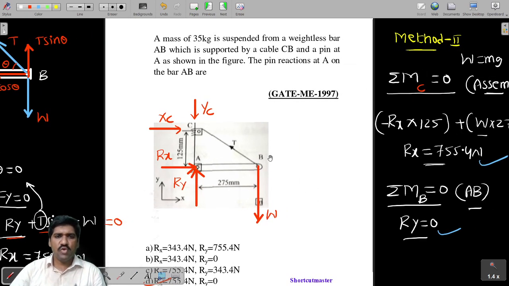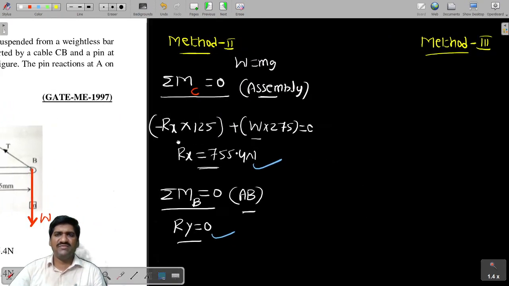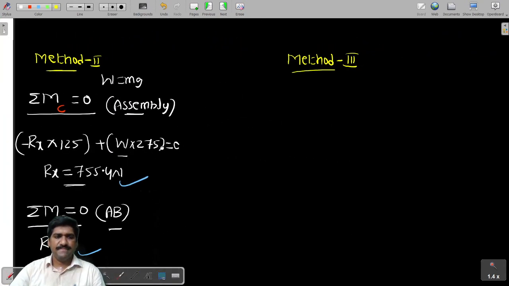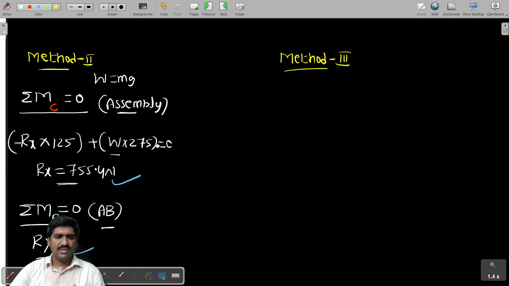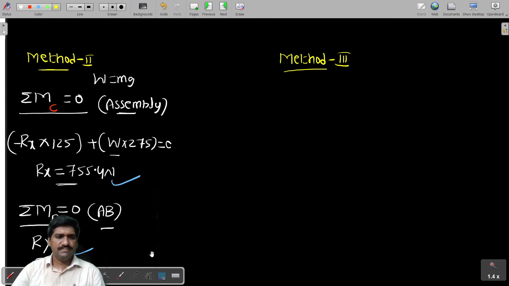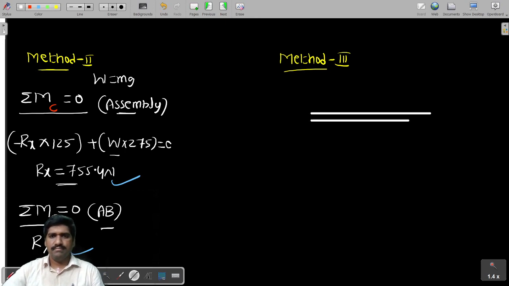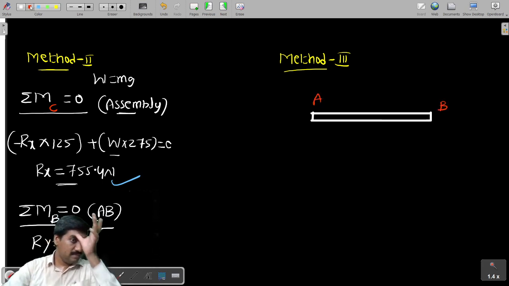Okay, there is a picture. Now you separate the body AB here. I am drawing the figure once again here. Please check it. Body AB, point A, point P we have.